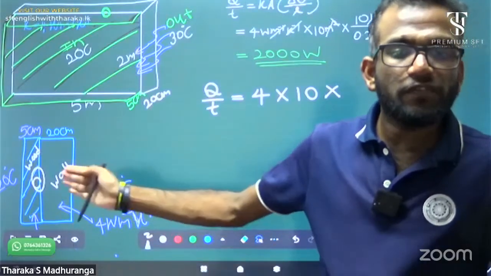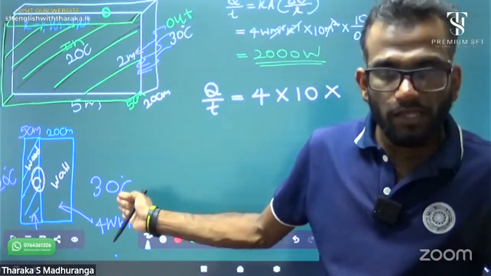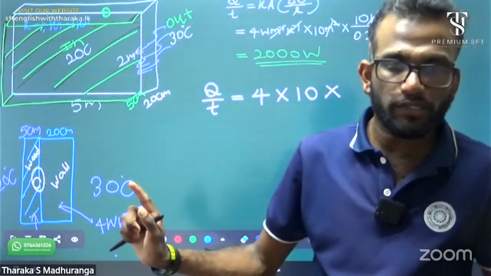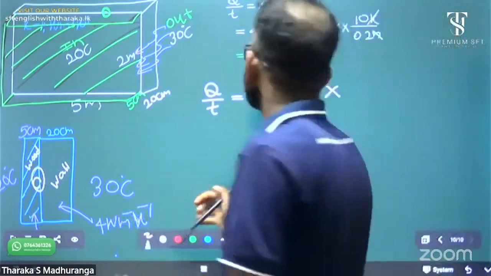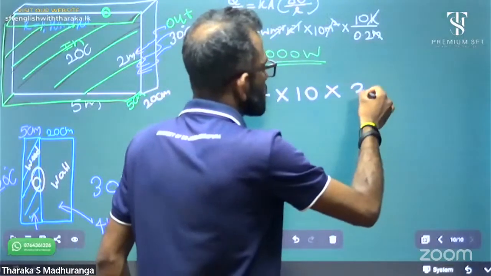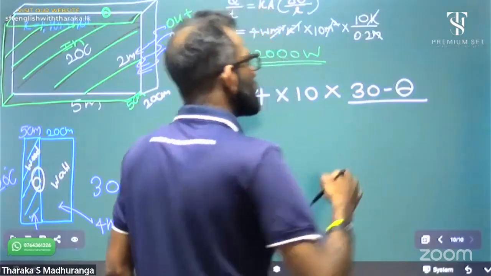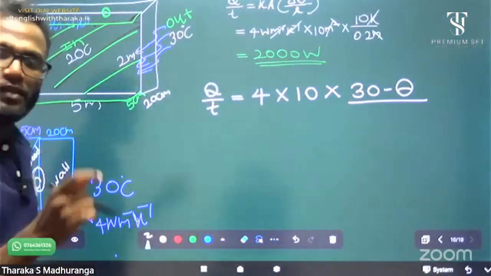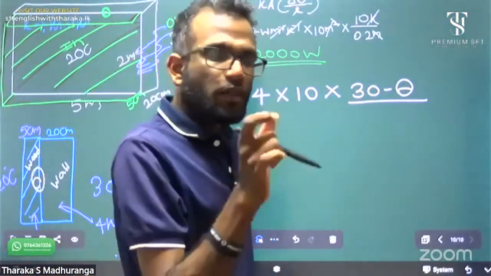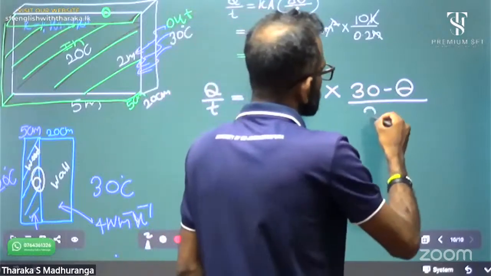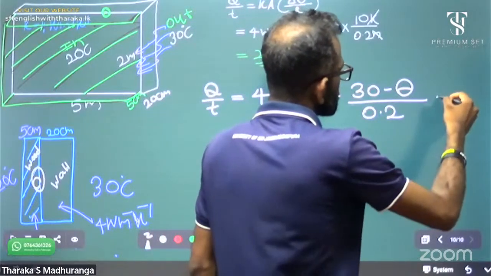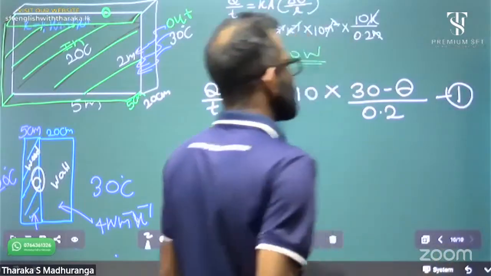So the temperature difference is 30 minus theta. That's the most important point. Divide by the thickness of the wall, 0.2. This is my first equation.